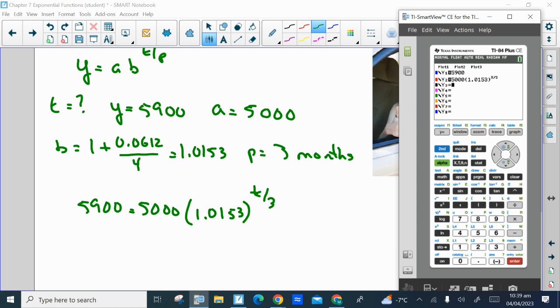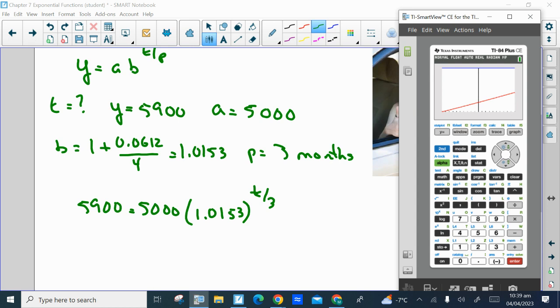So we can manually go in there and change our windows, or you can use Zoom Fit. For most calculators, when you hit Zoom, Fit is number 0 in the list, and that's where it is on my calculator. You may have to scroll down to make sure that it is at 0 where it says Zoom Fit. When you choose that, the calculator chooses the windows for you.